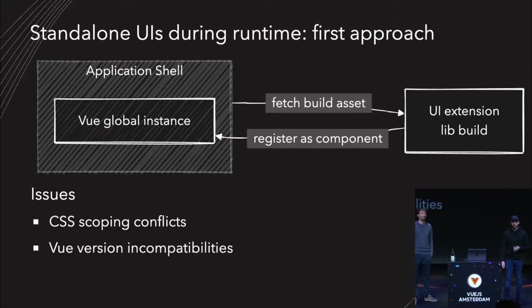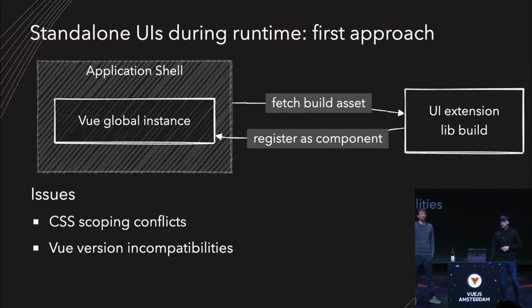Another problem we had was Vue version incompatibilities. My team works on the main editor, but the teams that work on the UI extensions are separate teams, and they often have different update cycles for their dependencies. So there will come times where we are using Vue 3.8, but they're still using 3.5 in their extension, and when we pull that in, there's maybe a bit of an incompatibility.